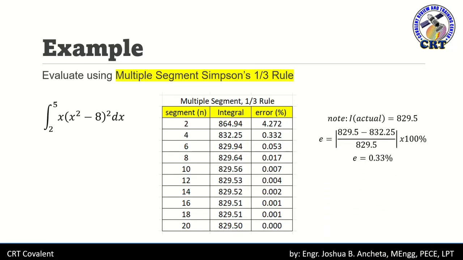Again, just to recall, in solving the percent error, this is the actual value minus the approximated value from each segment, divided by the actual value. So with 4 segments, you can get 0.33%. You can verify the percent error by using the formula presented here.